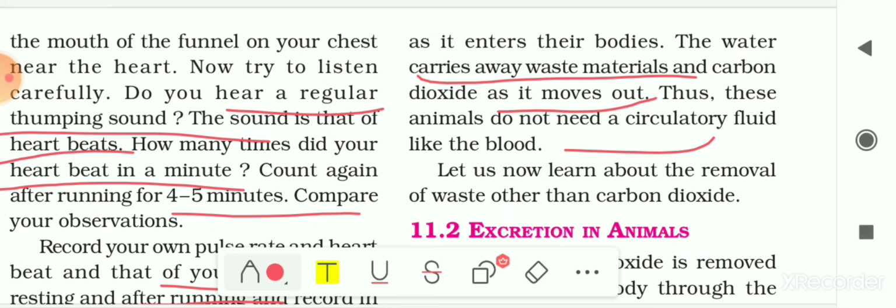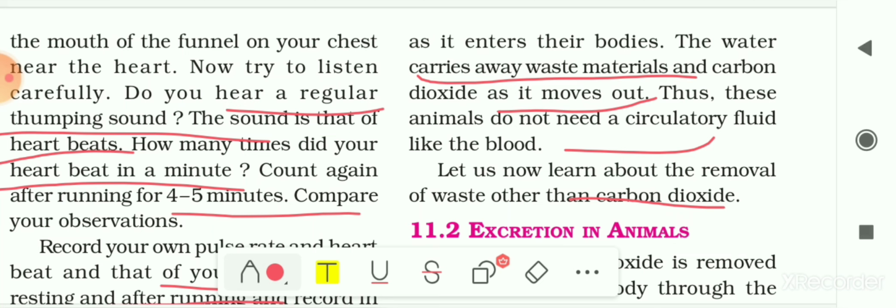Next is excretion in animals. Now let us learn about the removal of waste other than carbon dioxide. In the circulatory system, we saw that one waste product generated in our body is carbon dioxide, and how it is removed.